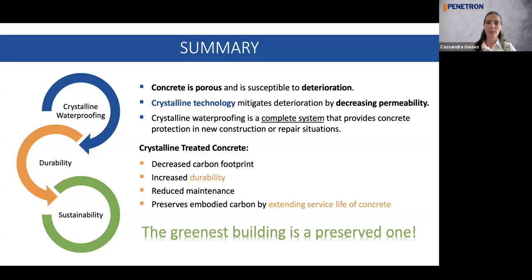And then crystalline treated concrete will have a decreased carbon footprint, increased durability, reduced maintenance, and it preserves the embodied carbon by extending the service life of your concrete. So in a nutshell, I really and truly believe that the greenest building is a preserved one.